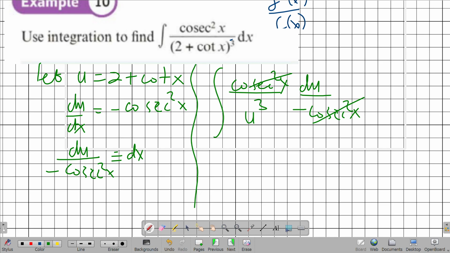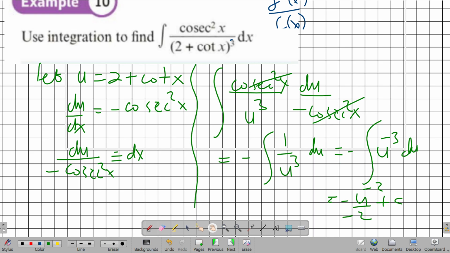We are left with minus outside, 1 over u to the power of 3 du, which you should just write as u to the power of minus 3 du, and your final answer is minus. You add 1 here, you get minus 2, so it's minus u to the power of minus 2 over minus 2 plus c.